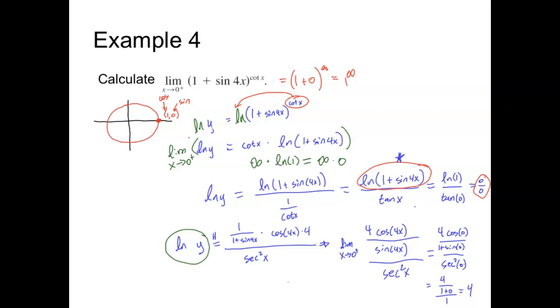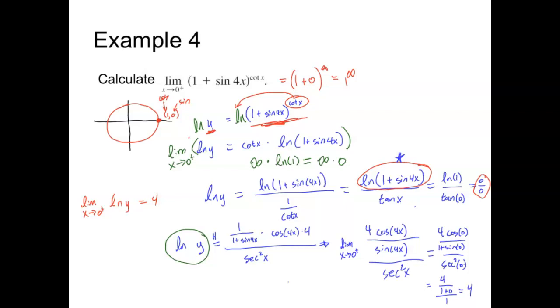And what we really want is the limit as x approaches 0 of y, because we let y equal our original function, right? We said y equals 1 plus sine 4x to the cotangent x power.